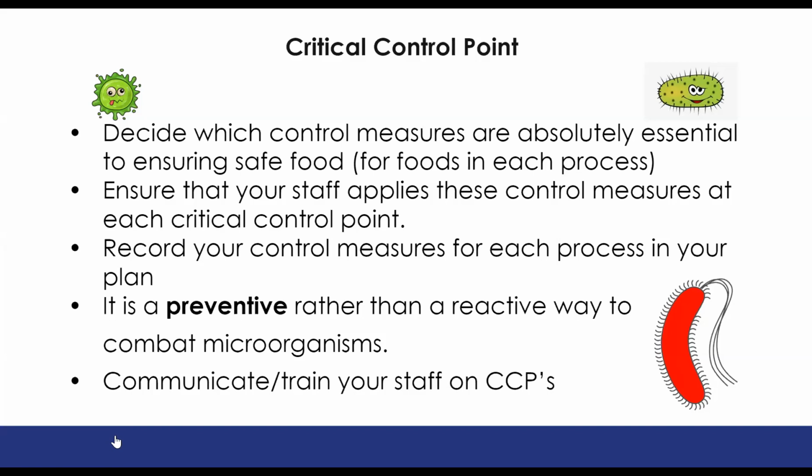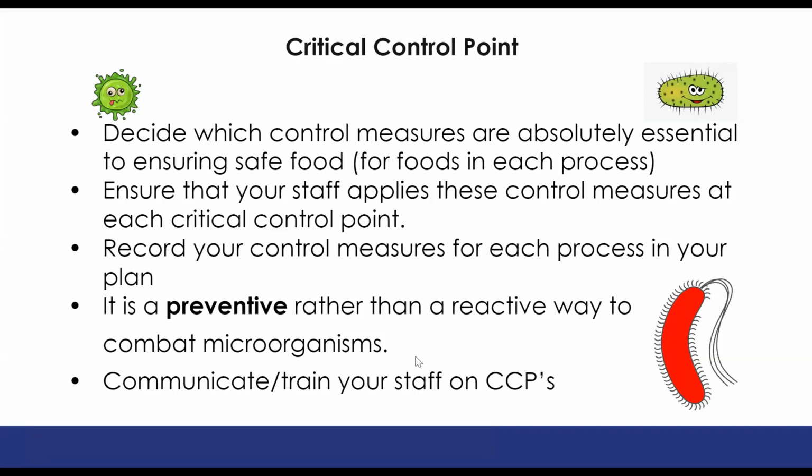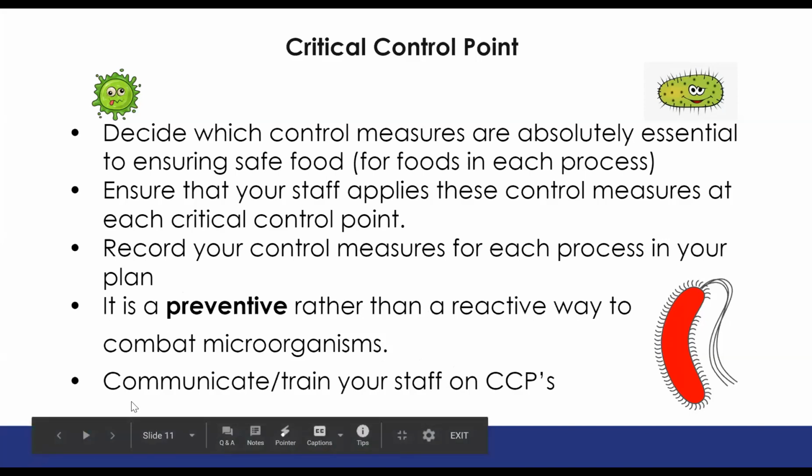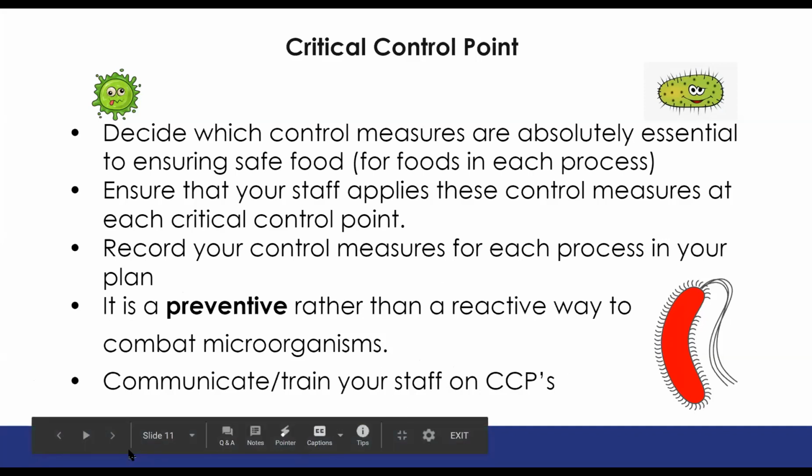This is a much better way than the reactive. It was nice when people started using the HACCP plan instead of reacting to the foodborne illnesses. We now have ways to prevent them, and they keep doing research to keep us and our customers safe. Communicate and train your staff on critical control points. This is essential.